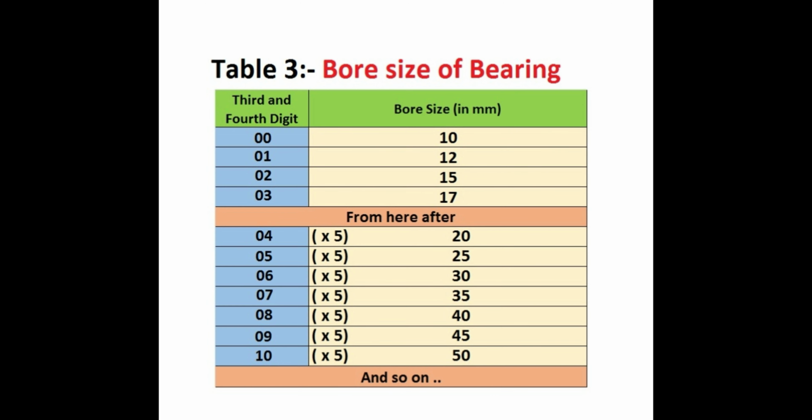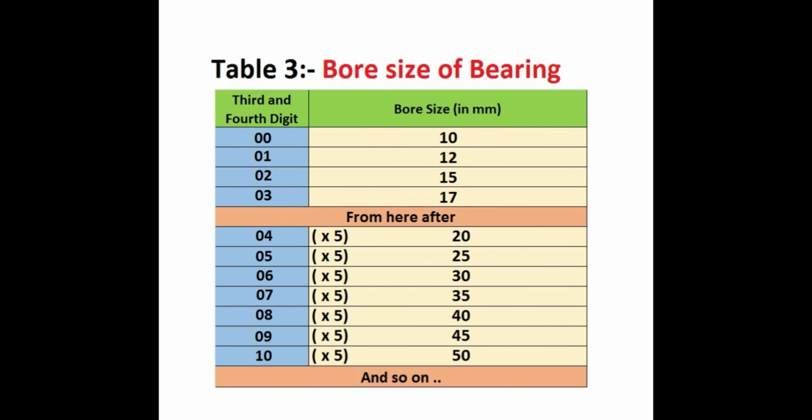From here on, the third and fourth digits will be multiplied by 5. If the third and fourth digits are 04, multiply 04 by 5 and you get 20. So the bore size is 20 mm. If it is 05, then the bore size is 25 mm. If it is 06, then 30 mm. If 07, 35 mm.